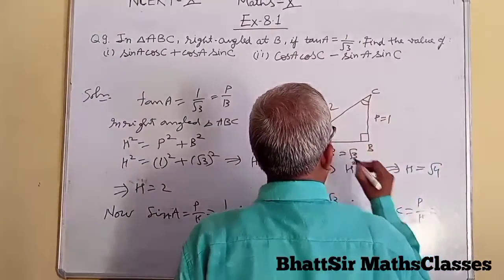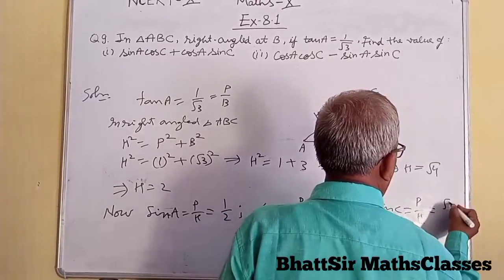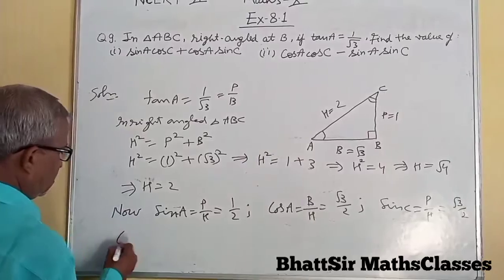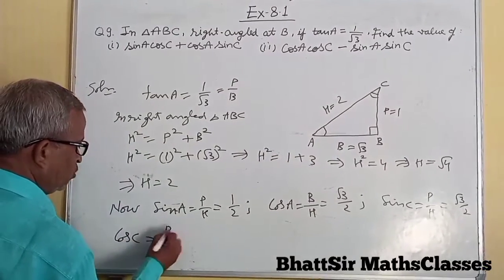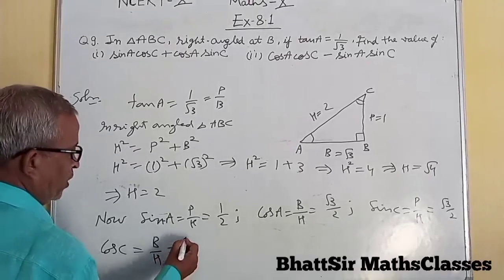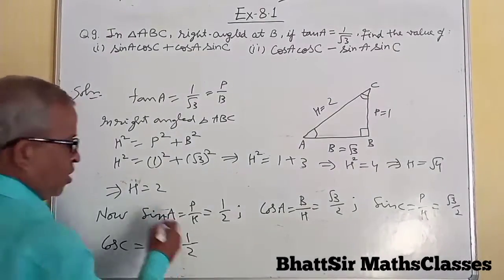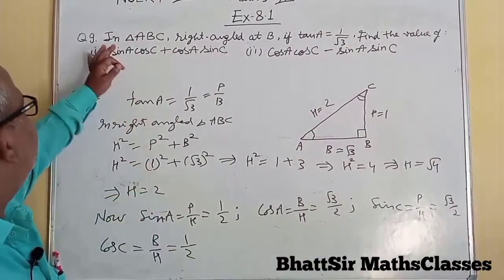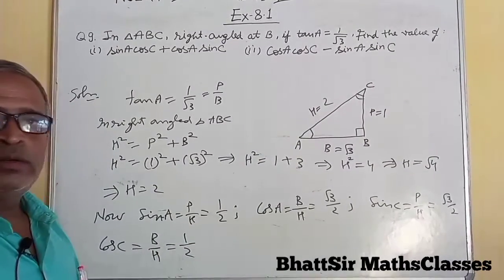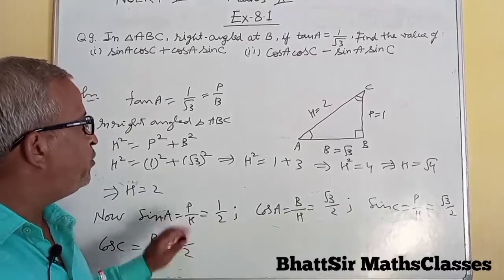This angle, it is the perpendicular, under root 3 upon 2. Cos C, base over hypotenuse, equal to 1 upon 2. Now we have to calculate first part. So write, I am giving a few seconds to you.